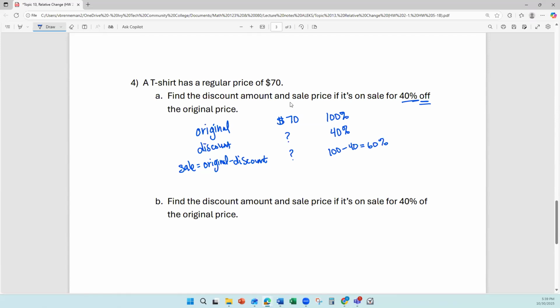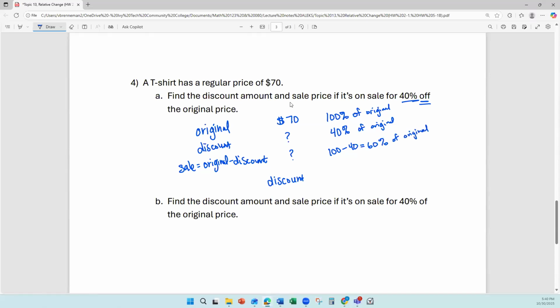So that's enough information. I can do 40%, so the discount amount. These are all percentages of the original, and we know the original, so we can directly calculate those.